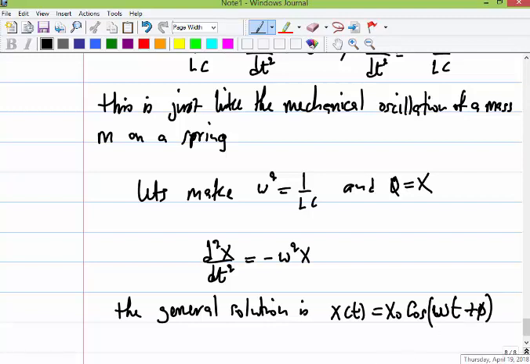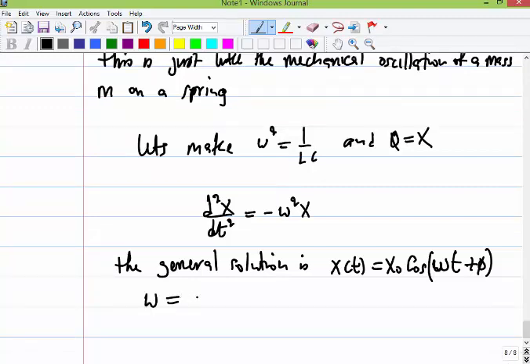It depends upon which book you have. In your textbook, they don't have the phi. I have 2 books in front of me here. Phi is a phase difference, but it doesn't really make any difference. So omega is equal to 1 over the square root of LC.